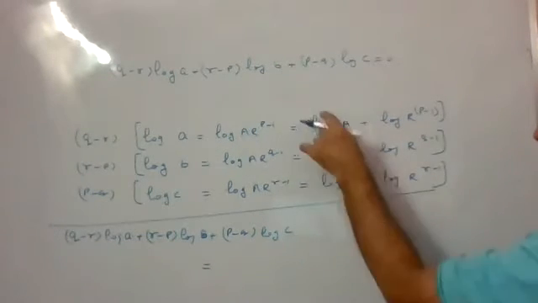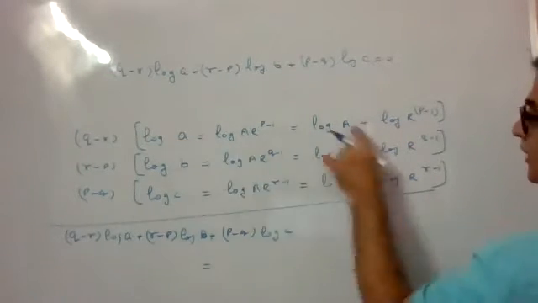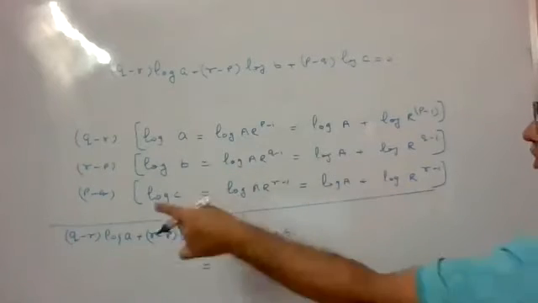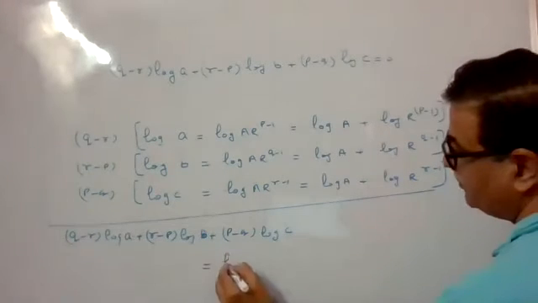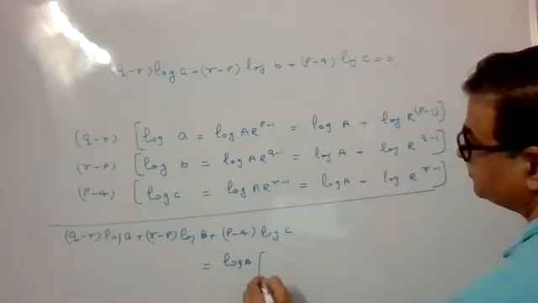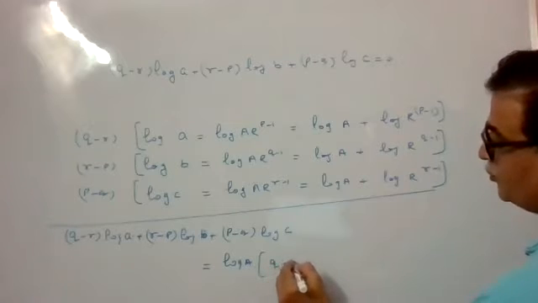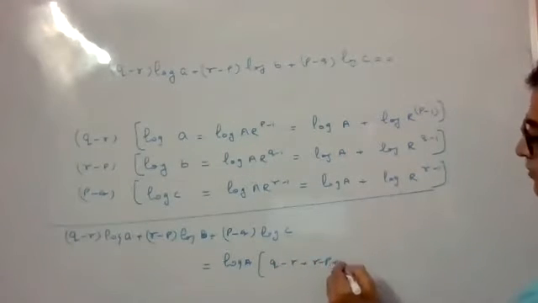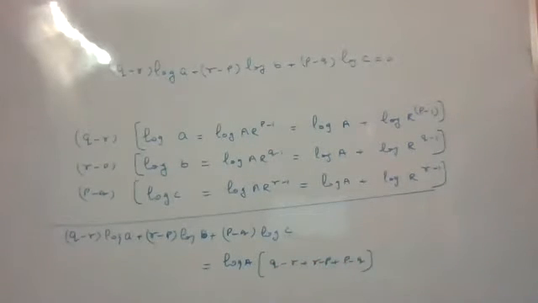These three are giving log A common, log A into Q minus R, log A into R minus P, log A into P minus Q. So log A will be common in it. Left is Q minus R plus R minus P plus P minus Q. Yes or no?